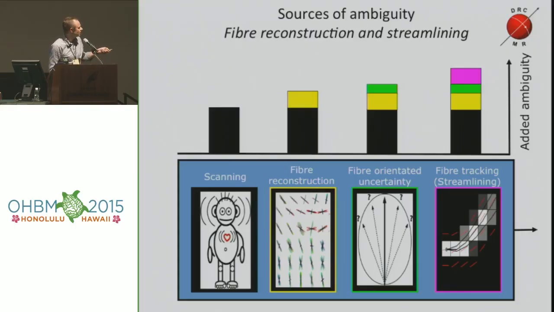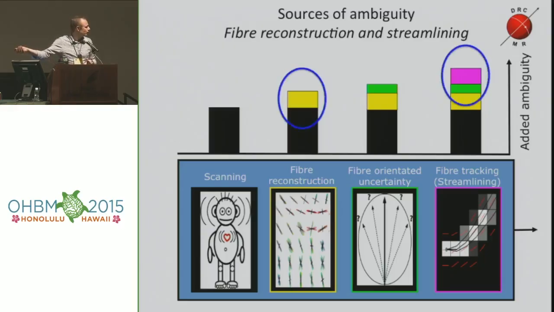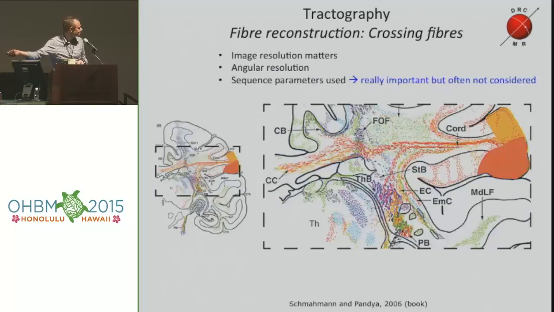I really believe that scanning and post-processing is the most crucial part of the sources that you can introduce in your tracking. Then of course you have the fiber reconstruction, the matter of multiple crossing fibers or single fibers. Then you have something about the uncertainty, and then again your seeding strategies. Here I will focus on the fiber reconstruction and the tracking.